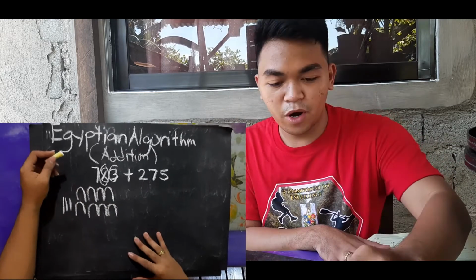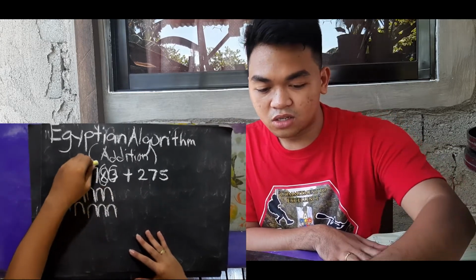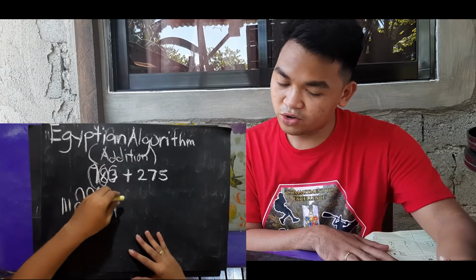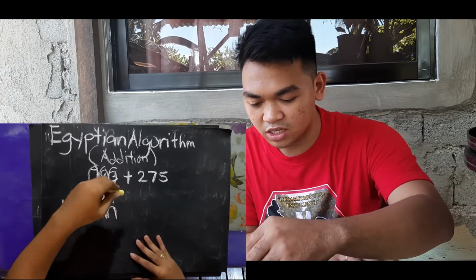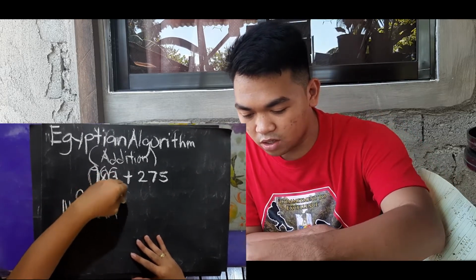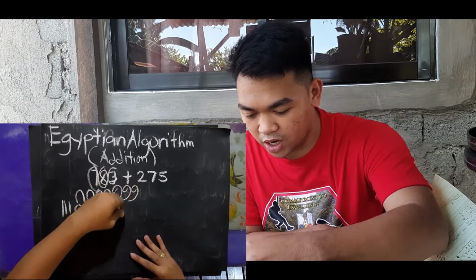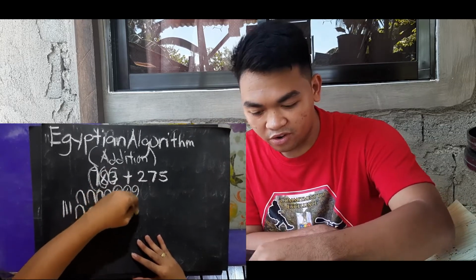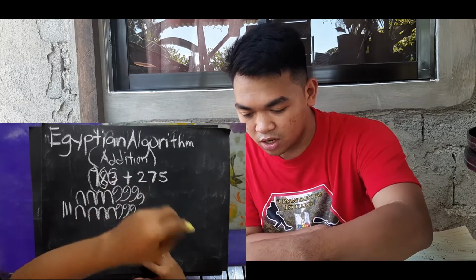And then the last part is 7, hundreds. So the symbol of hundreds is this: 1, 2, 3, 4, 5, 6, and 7.